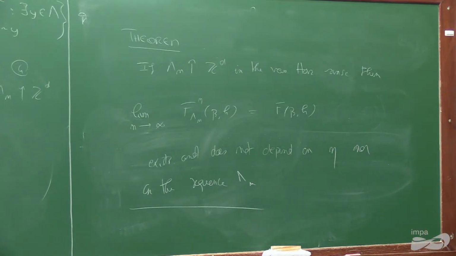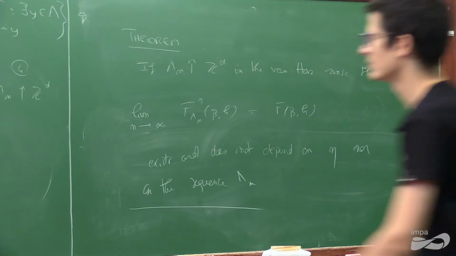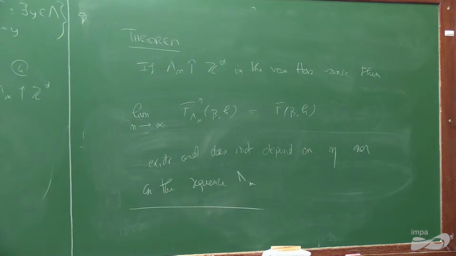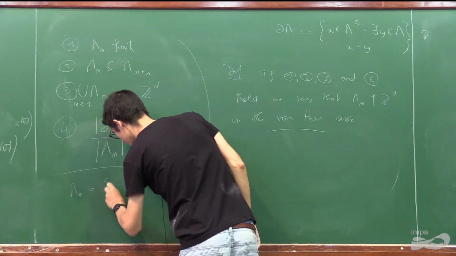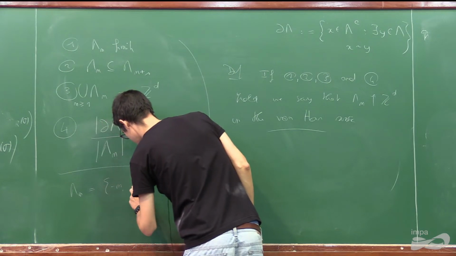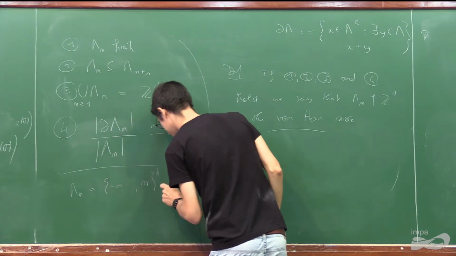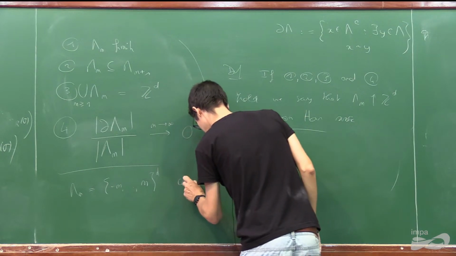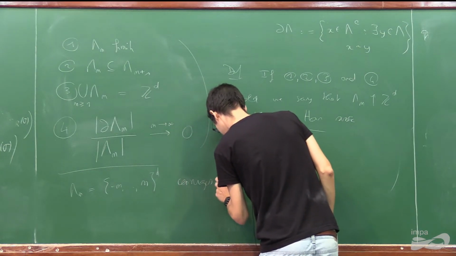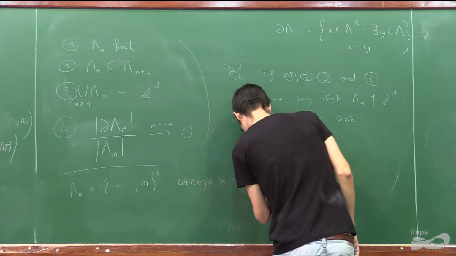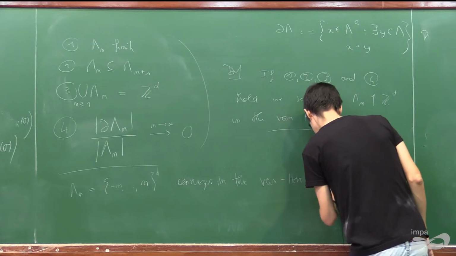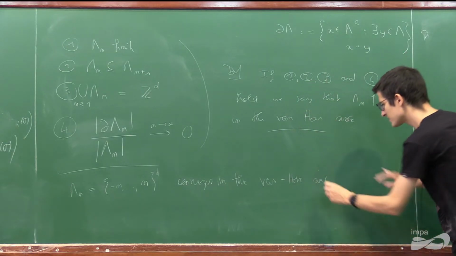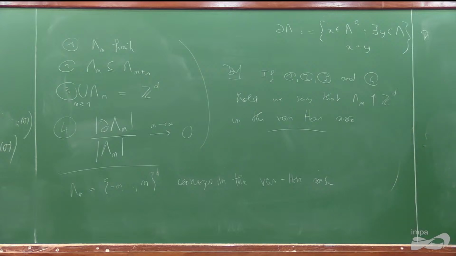Okay, so maybe when you give definitions, it's good to give examples. So take lambda n being equal to minus n to the d, n to the d. This converges in the Van Hove sense, so this is something you can check.